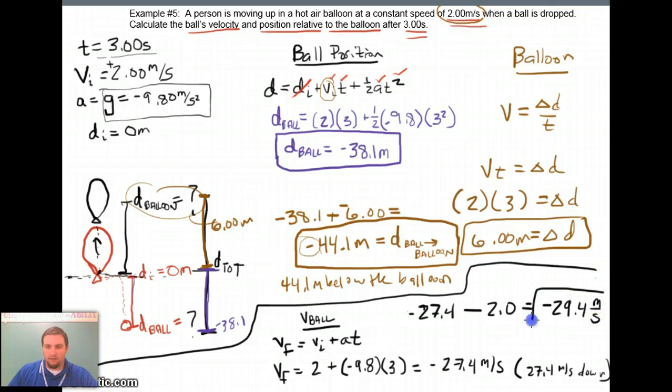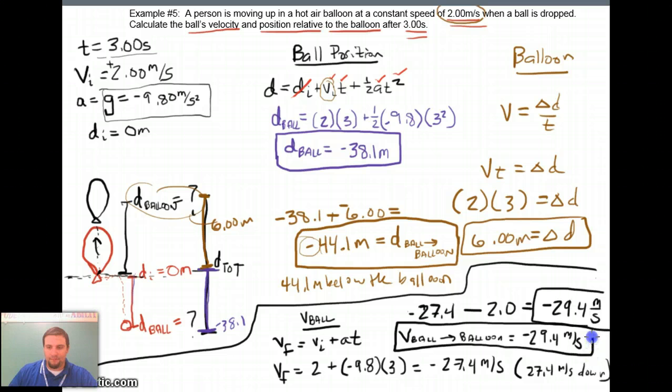So guys, we'll call this the velocity of the ball relative to the balloon, and that will equal negative 29.4 meters every second. So if you were standing in the balloon and you had a radar gun pointed at the ball, the radar gun would read the ball as moving at negative 29.4 meters every second.